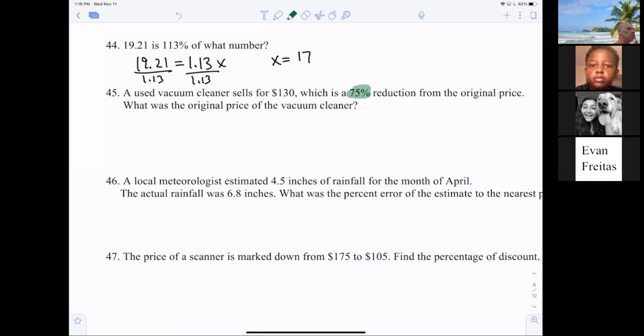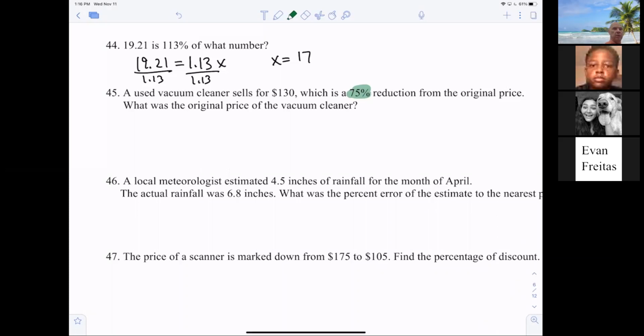Right, you only paid 25% for it. If you got something 75% off, it means you only had to pay 25%, right?